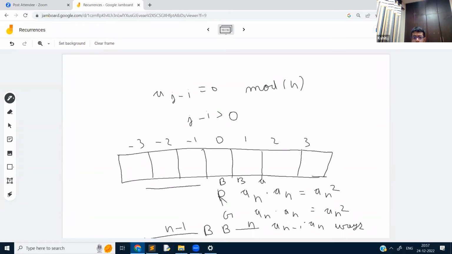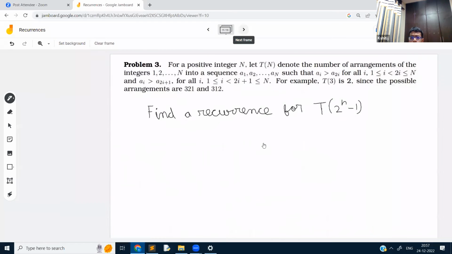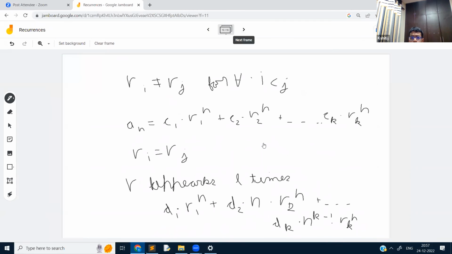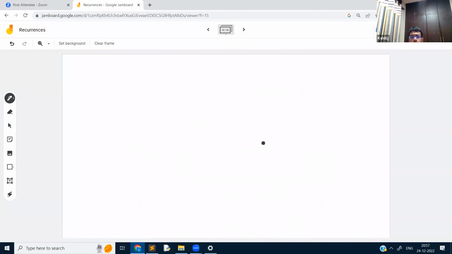In this case, there are n terms to the left and n minus 1 to the right. So we can write it as en into en minus 1. Now, if you add all these terms up, then you will get 2an squared plus 2an into en minus 1, which is obviously divisible by en.